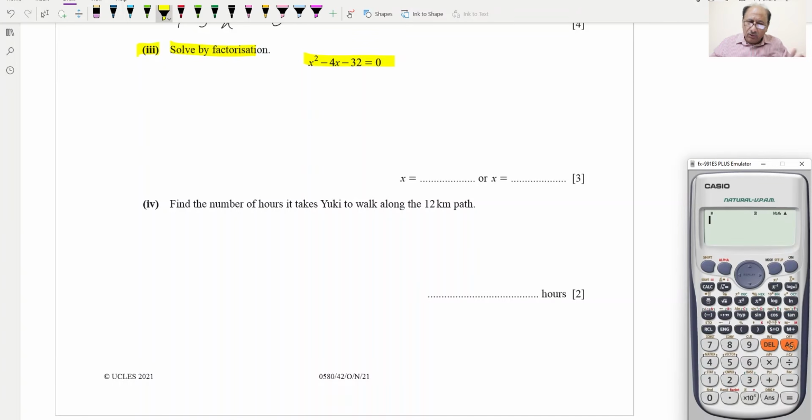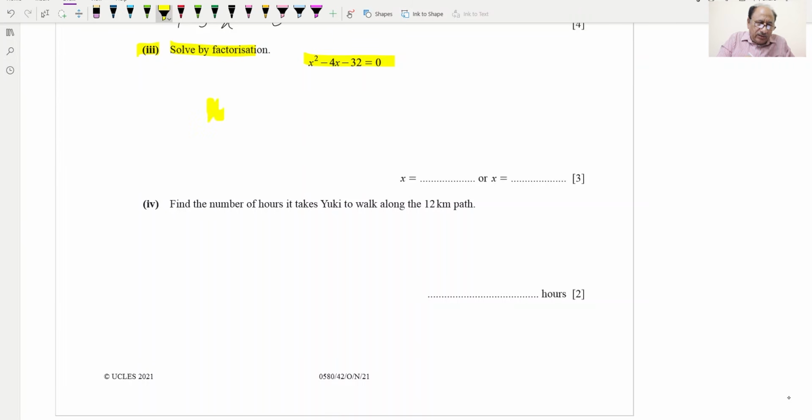You can use it, or you can factorize as you like. In mode 5 3, the coefficient of x squared is 1, the coefficient of x is minus 4, and the constant value is minus 32, and it will give us 8 and minus 4.